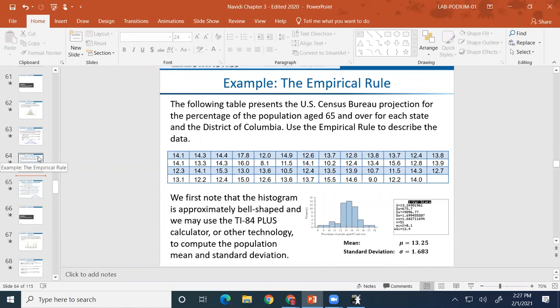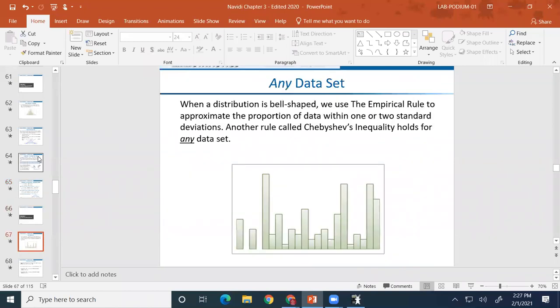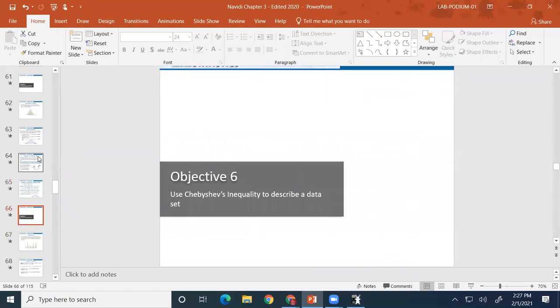All right. So this is to show the empirical rule. The empirical rule is we have approximately bell-shaped data, but not all data is like that. So there's another rule, but it's pretty much the same thing. It's called Chebyshev's, and it's called an inequality because they're not going to say approximately how much data. What they will say is at least a certain amount of data.